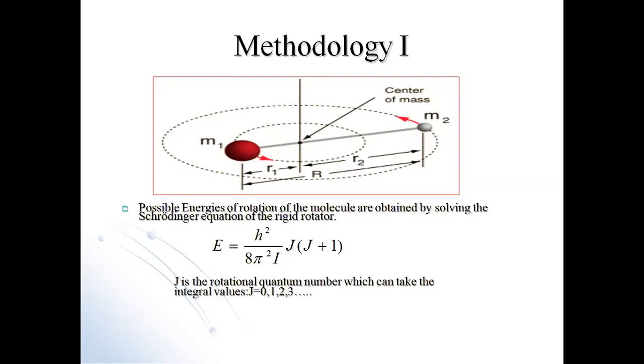And generally, whenever you write about rotational or vibrational spectroscopy, we write energy in terms of wave number, because that we have already discussed, and you know that energy is given by h nu, or you can write it as hc by lambda, right?